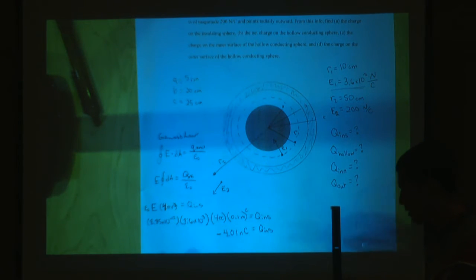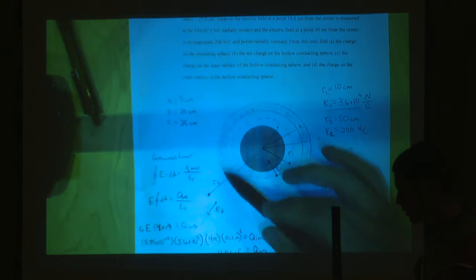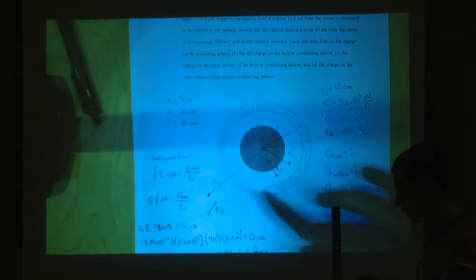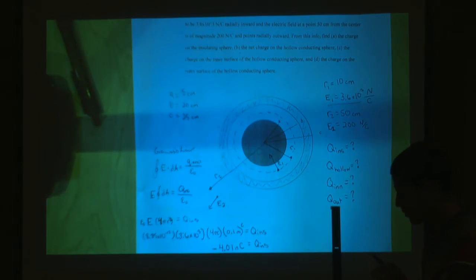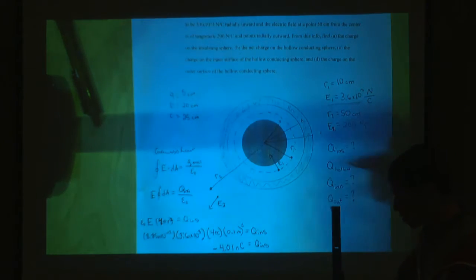Awesome. So yeah, next we are going to find the net charge on the hollow conducting sphere. So only this one. Okay? Thus, we'll set up a Gaussian surface just like we did before.